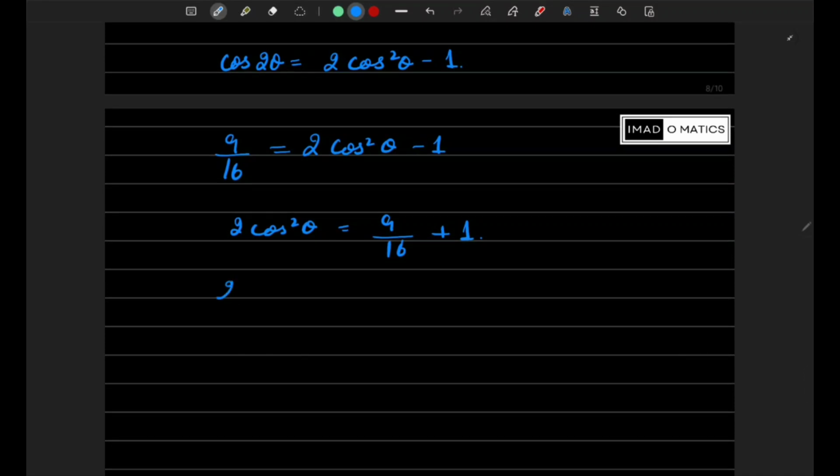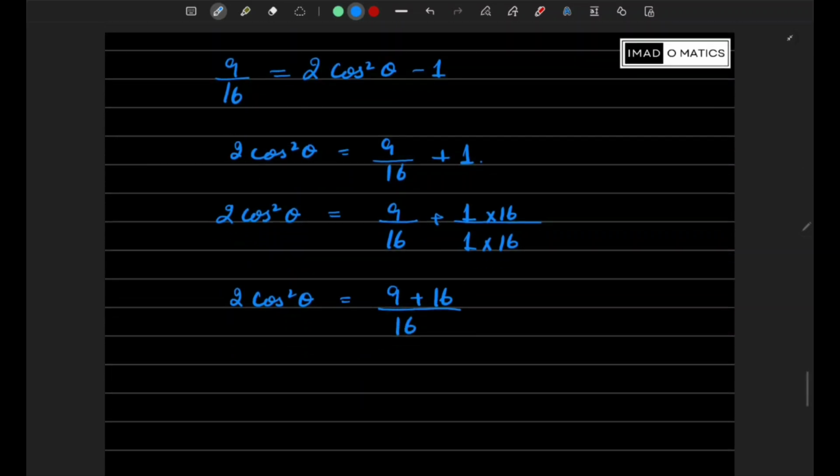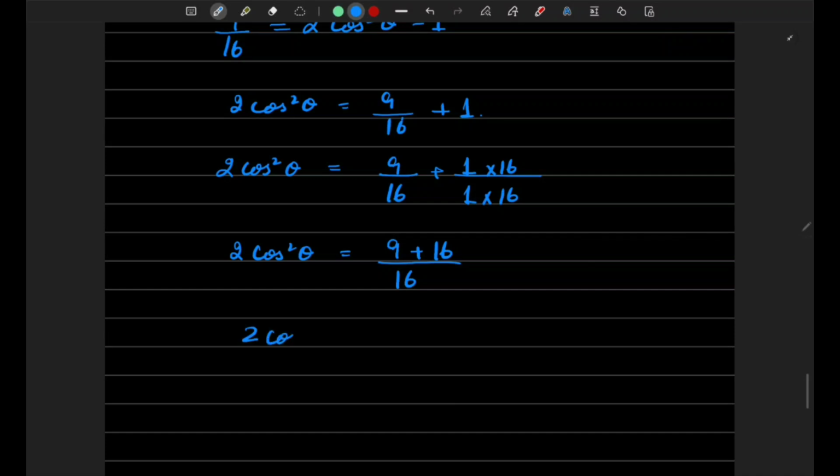Now taking the LCM, 2 cos squared theta is equal to 9 by 16 plus 1 into 16 over 16. 2 cos squared theta is equal to 9 plus 16 over 16. 2 cos squared theta is equal to 25 over 16.